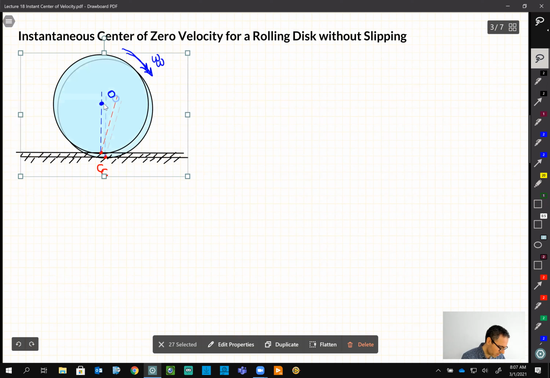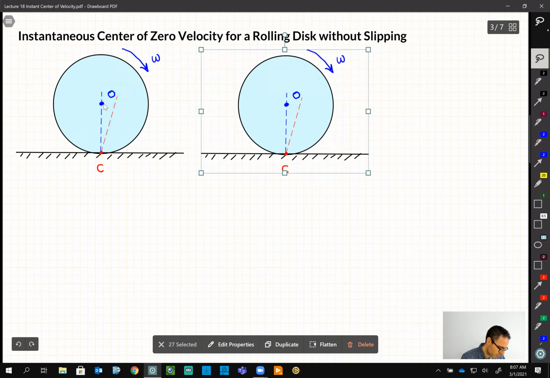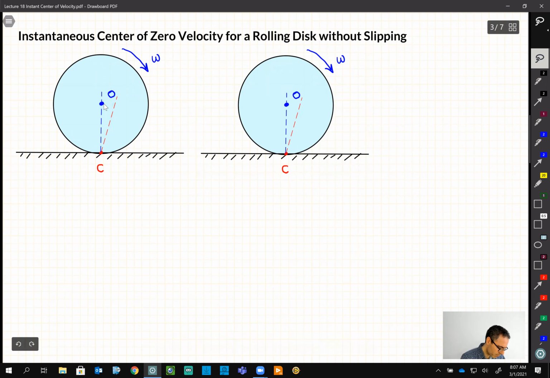So if I duplicate this, bring it back here, I can assume that this is more like a pin.